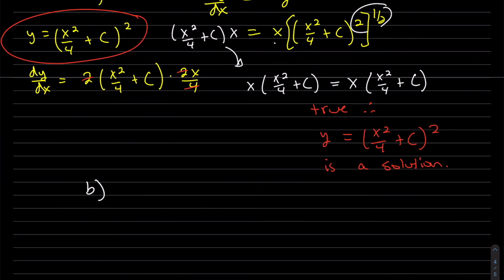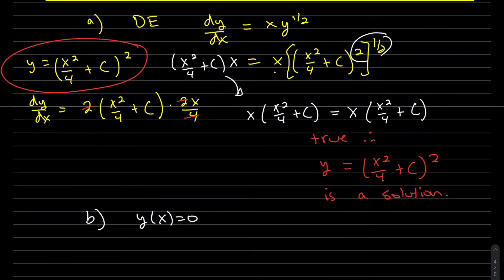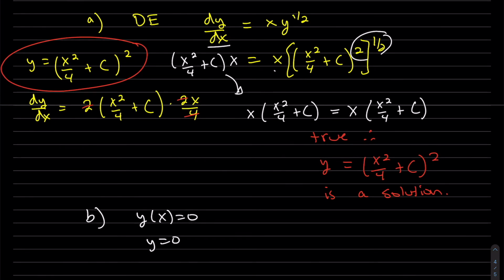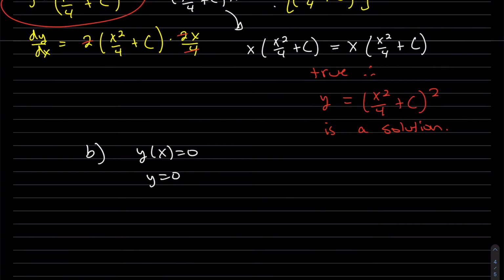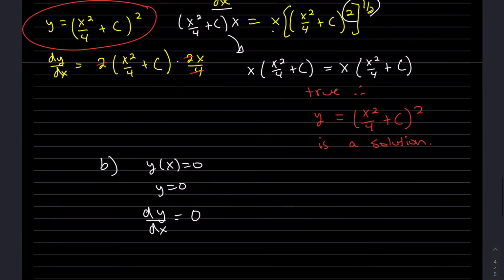B, so y of x equals 0. We want to plug in for y, so we basically have y equals 0, and we need to plug in for dy dx, so y prime or dy dx equals 0 also, the derivative of 0 is 0.